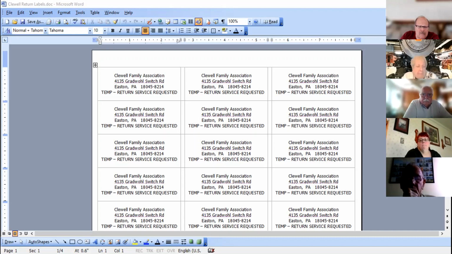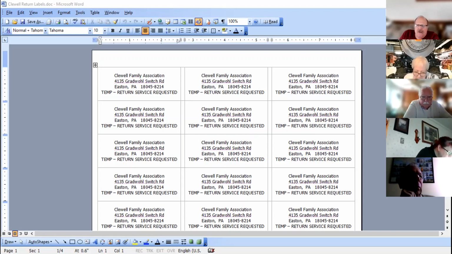But if they are sending information about their phone number or address or email address, you can forward it to me. I can certainly keep the list up to date if you just forward it to me. That's easily done. Or it's easy to create another email address if you want, whatever the Clewell family at Gmail or whatever. It makes no difference. It's very easy.